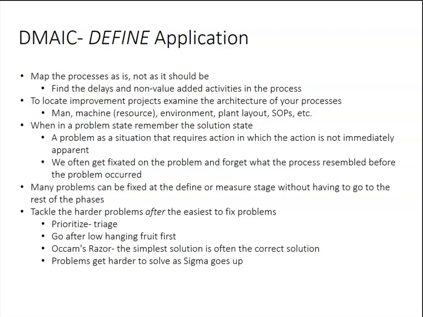They look at the person they know, the spouse or whatever. Most of those occasions occur with the simplest solutions, often the correct solution. And then as we go higher up in our sigmas, from 5 sigma to trying to go to 6 sigma, the problems get exponentially harder to solve.